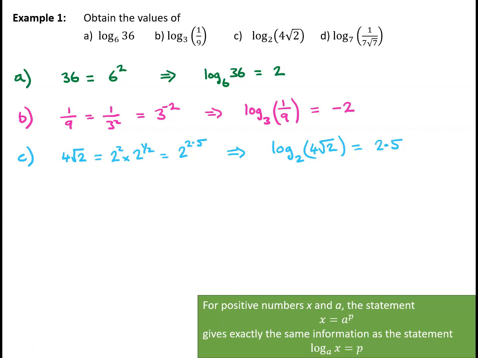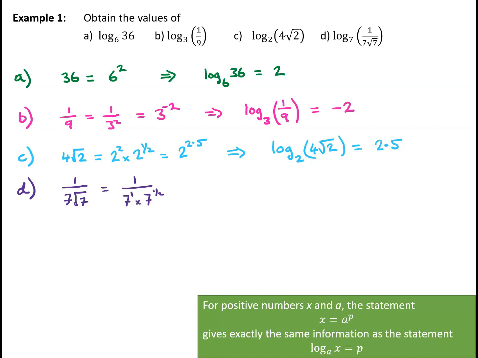For part D, I know that 1 over 7 root 7 is the same thing as 1 over 7 to the power 1 times 7 to the half. 7 to the power 1 times 7 to the half is going to be 7 to the 1.5.